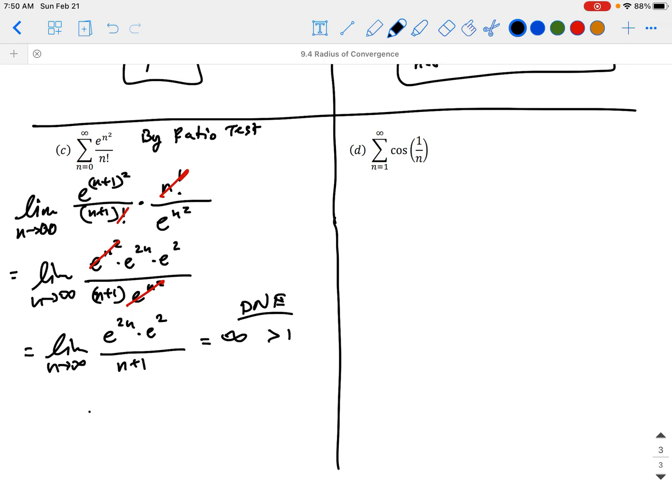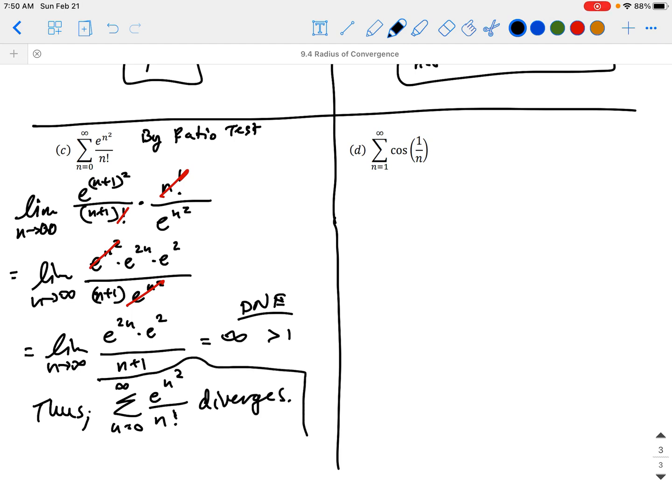It's clearly going to be greater than 1. This diverges. So the series is going to diverge.